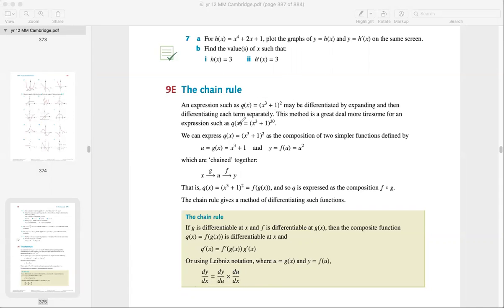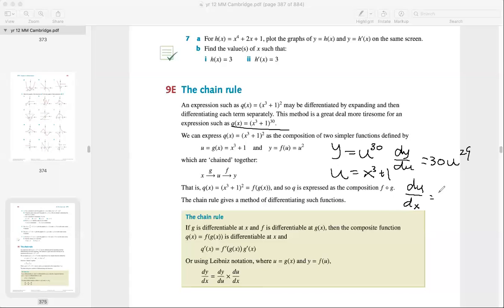So let's do this one as an example. My y equals u to the power of 30, and my u is x cubed plus 1. So my dy/du is 30 times u to the power of 29, and my du/dx is 3 times x squared.